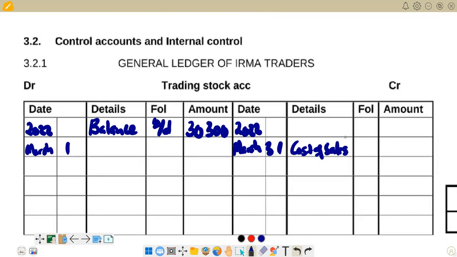And we know that on the folio, the book of original entry that we are checking this figure from is the cash receipts journal. So you see CRJ there on folio. Then the amount we noticed was 25,800. So we have 25,800 here. So this is what we have in terms of recording of this cost of sales.